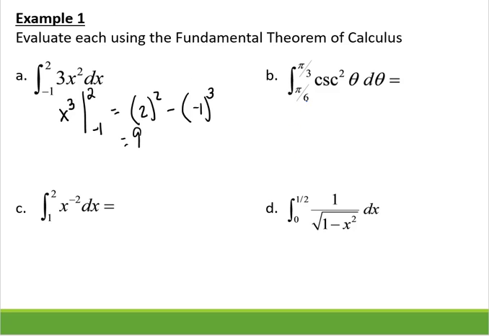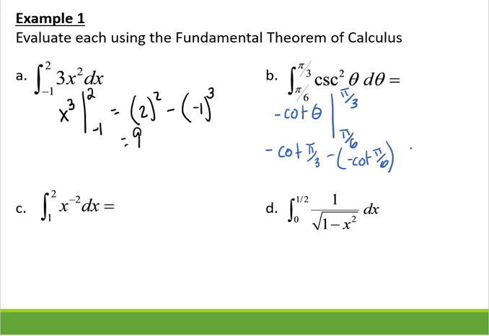What function's derivative is cosecant squared? Well, that is negative cotangent theta, and we're going to evaluate that from pi over 6 to pi over 3. So the negative cotangent of pi over 3 minus the negative cotangent of pi over 6.